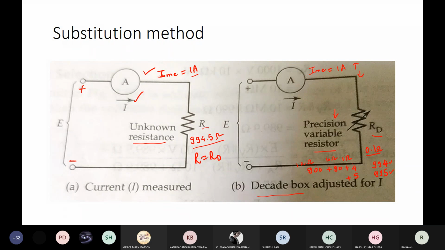Why? Because we have no way of varying it in between. But we'll get the I precisely, right? Like how much lesser, how much greater. Again, okay, and here the point of practicality comes into the picture.